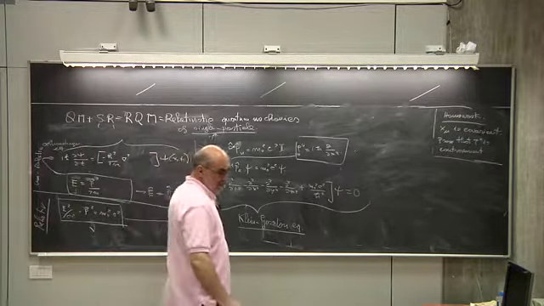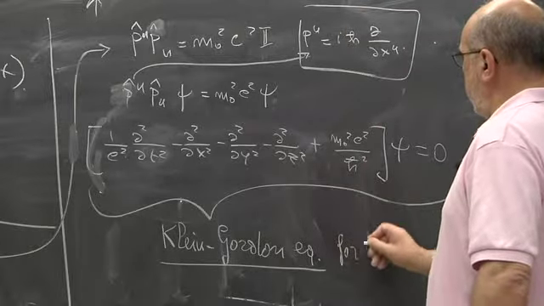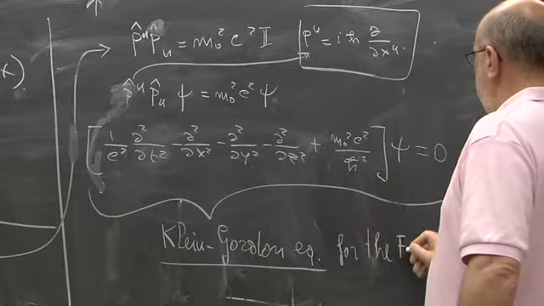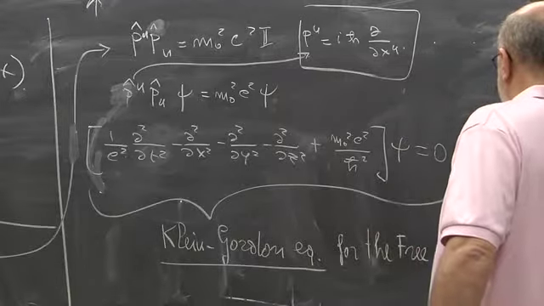But there is no potential, so this is the Klein-Gordon equation for the free particle. And of course, it's a wave equation.